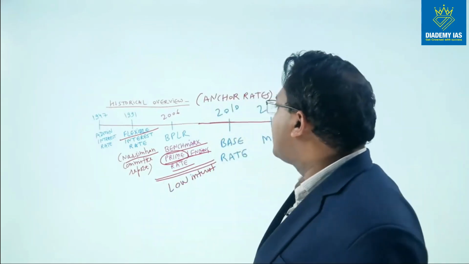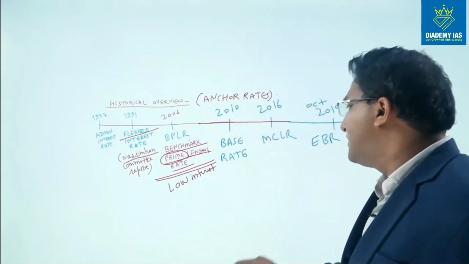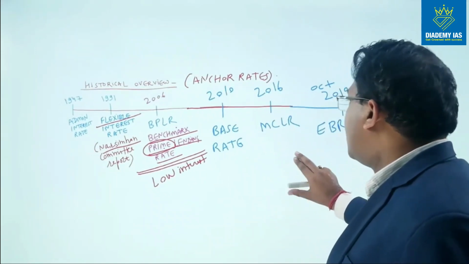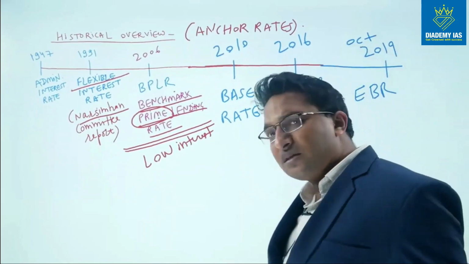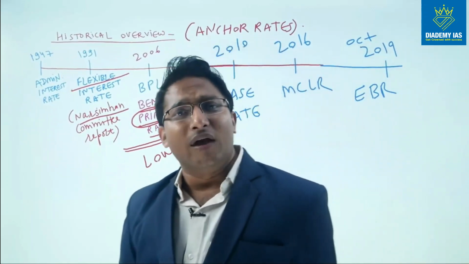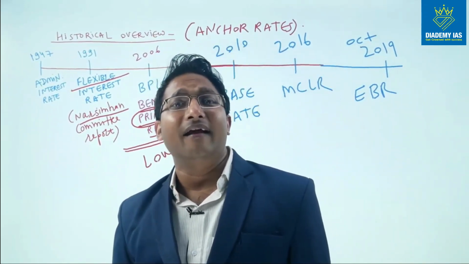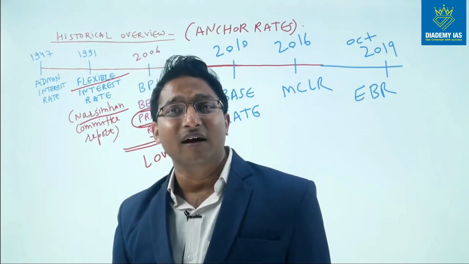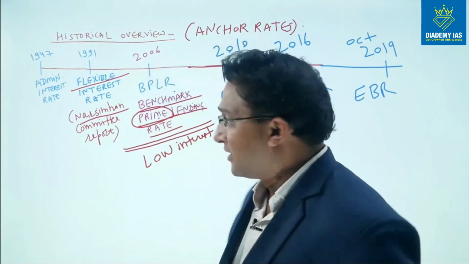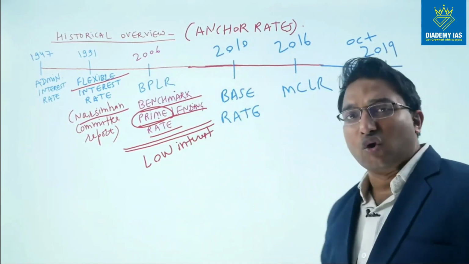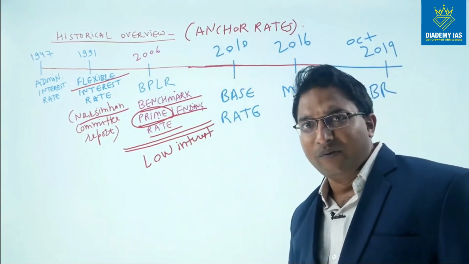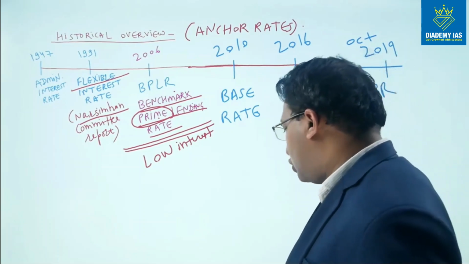So this BPLR has started having the adverse impact on the non-credit worthy customer. So it created the inequality. It started having the negative impact. It started having the adverse impact on the other customer. Therefore, in 2010, the concept of base rate was introduced. The concept of base rate was introduced.